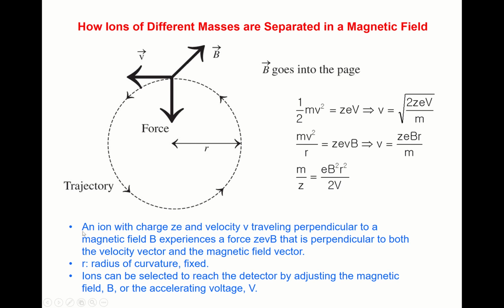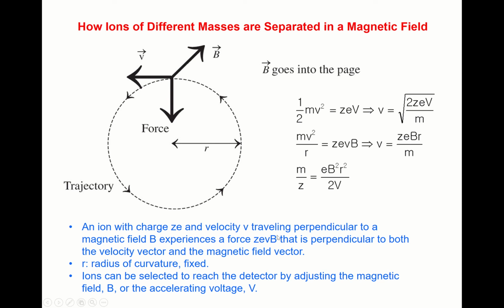I'll explain again. An ion with charge Ze and velocity v travels perpendicular to a magnetic field, and the ion experiences a force.